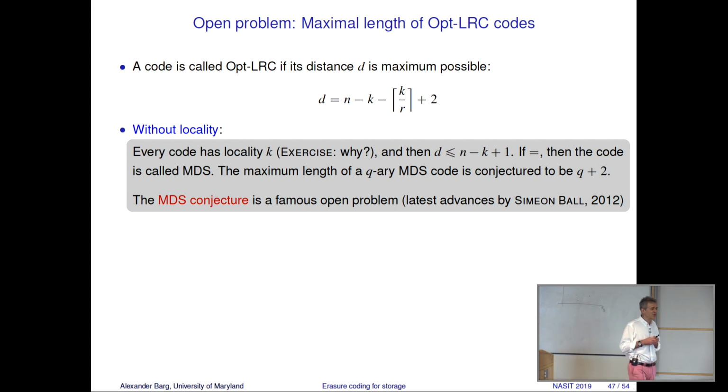So it would be natural to assume that since this is a Singleton-type bound, the length of optimal LRC codes would also be constrained. How long can optimal codes be? Well, there are some answers now. Very nice.